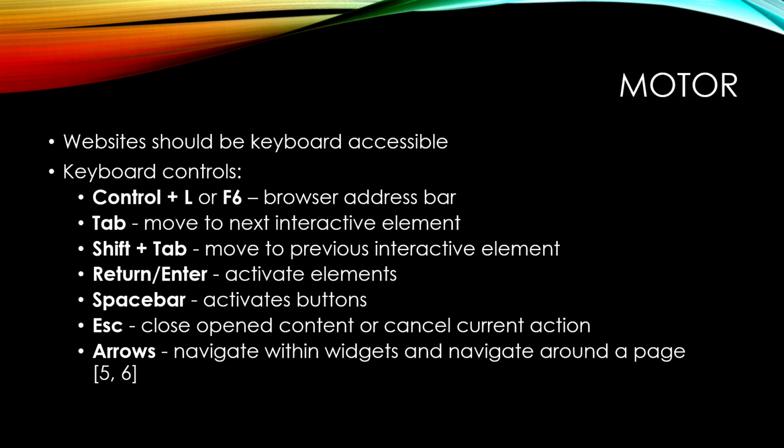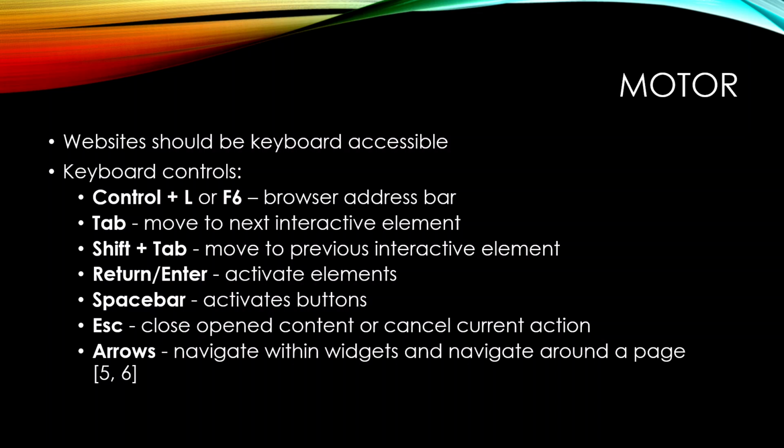There are many people with limited use of their hands and upper extremities who may struggle to use a computer mouse. These people benefit from a website that is fully accessible through a keyboard alone. The keyboard controls I have listed below. Control L puts the cursor in the browser address bar. Tab moves to the next interactive element.